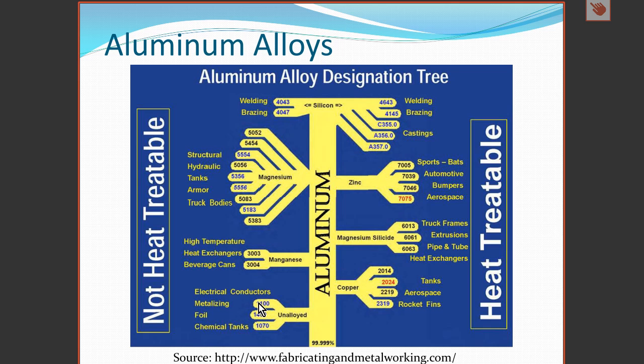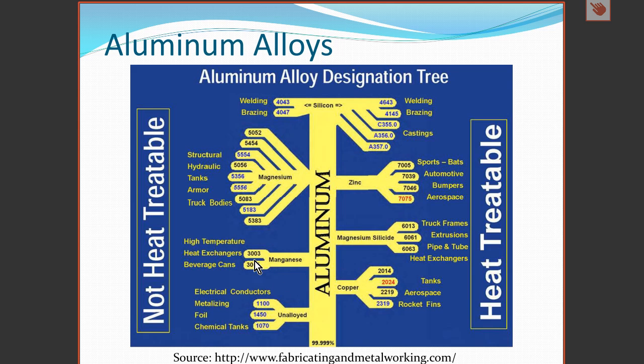This is given the designation starting with a number 1. And unalloyed aluminum is an excellent electrical conductor, and so it is used for electrical conductors, and also has excellent chemical resistance. However, it's soft, but can be strengthened by alloying.